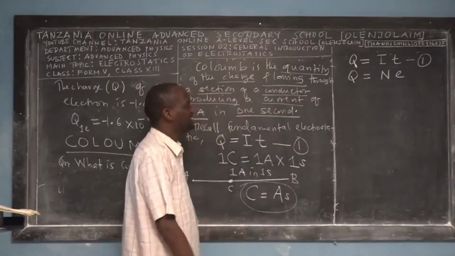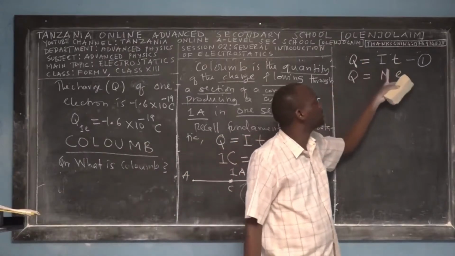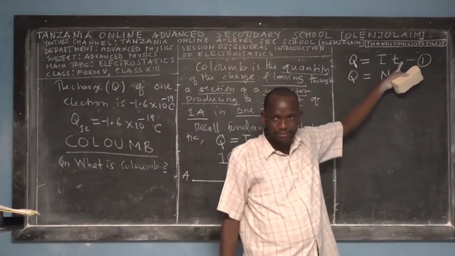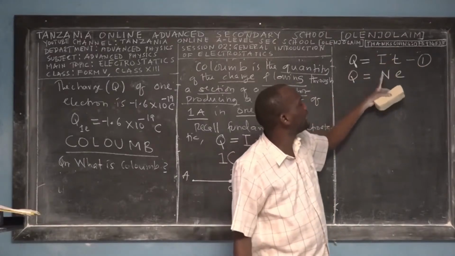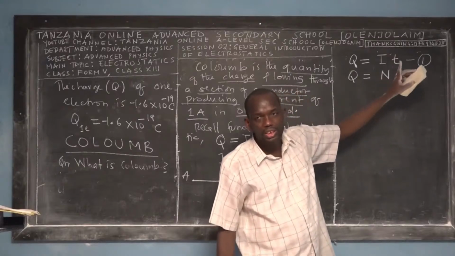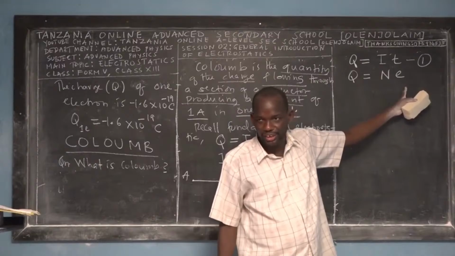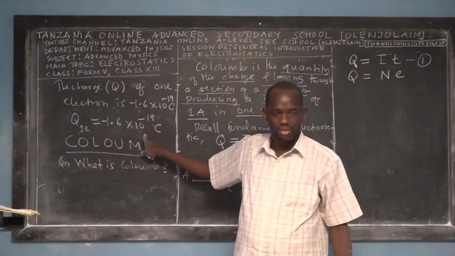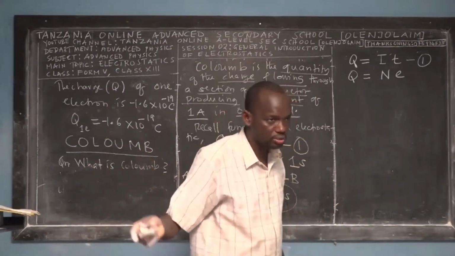I saw that you learned it during your O level education. So quantity of charge is the product of electric current flowing through the conductor and time, and it is also equal to the number of electrons times the electronic charge, which is 1.6 times 10 to the negative 19 coulomb. I believe this is not new. You heard that once, right? And the unit of quantity of charge is the coulomb.